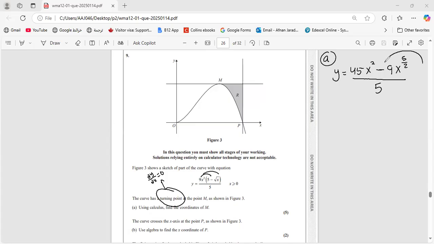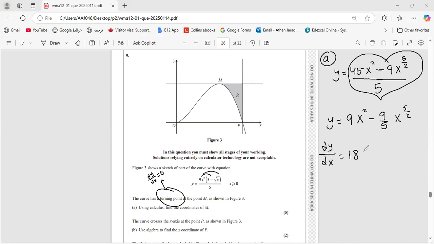Okay, then distribute the denominator: y equals 9x squared minus 9 over 5, x to the power of 5 over 2. Now you can differentiate: dy over dx equals 18x minus 9 over 5 multiplied by 5 over 2 x to the power of 3 over 2.